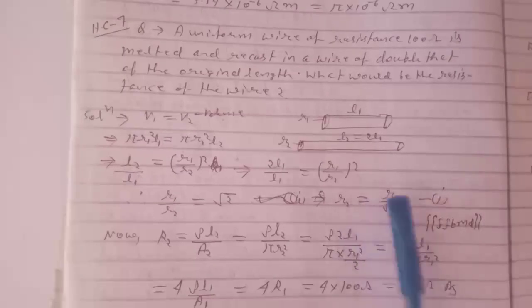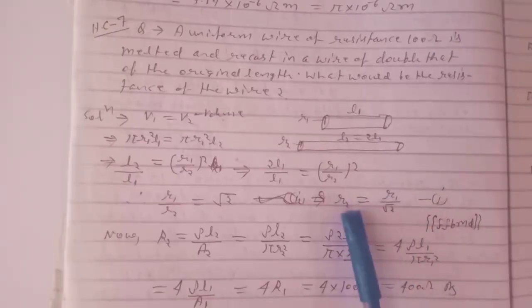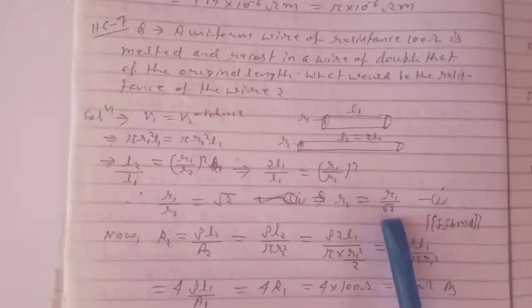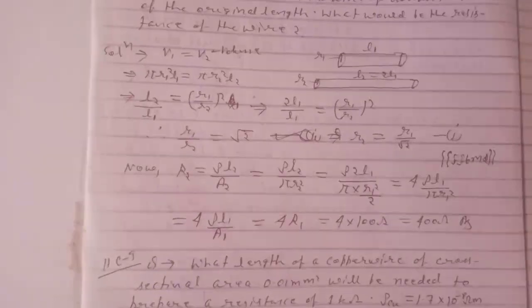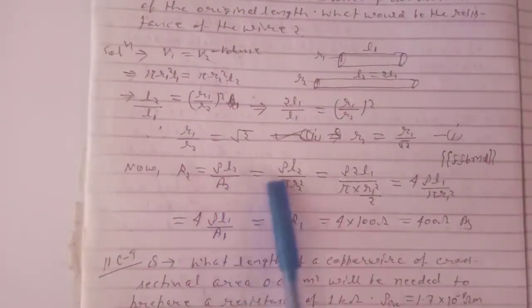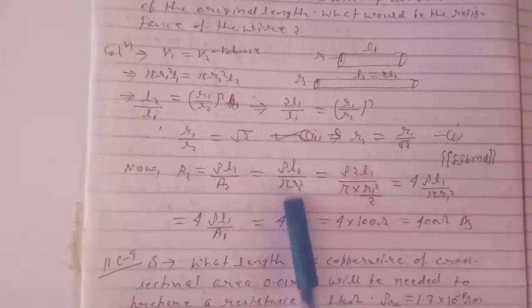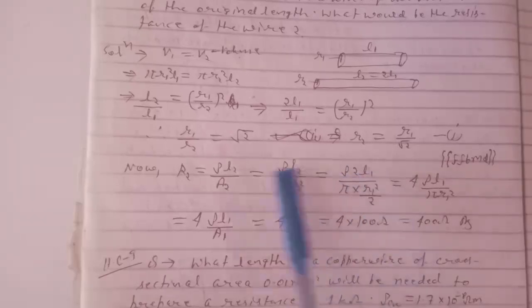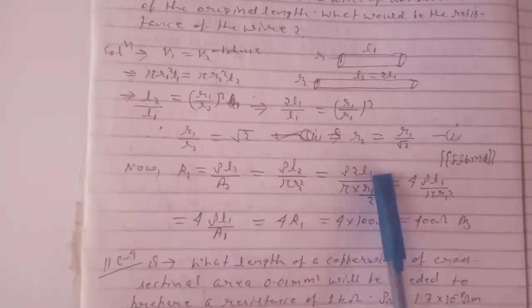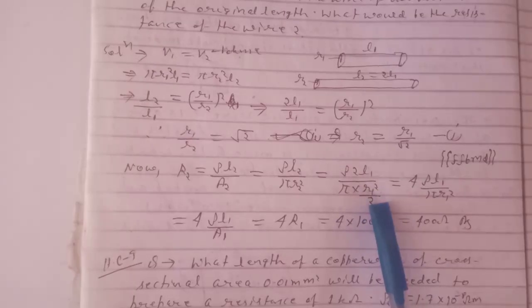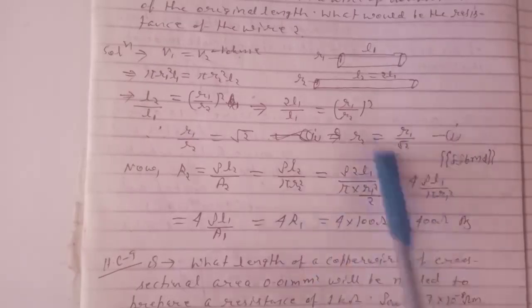That is, we have calculated the radius of the cross section, which is equal to R1 by root 2. Now we can write R2 equal to rho into L2 by A2, so rho into L2 by pi R2 square. Now putting the values, the length becomes double, so 2L1 divided by pi into R1 square by 2, because R2 equals R1 by root 2.